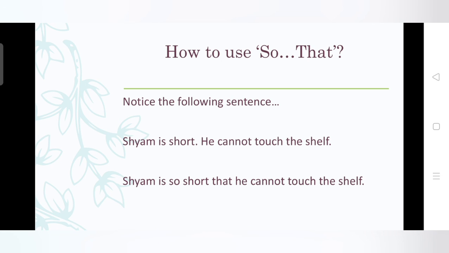He cannot touch the shelf, second sentence. And I have joined both these sentences using the words so that. The sentence has become, Shyam is so short that he cannot touch the shelf. This is how the sentence has become.